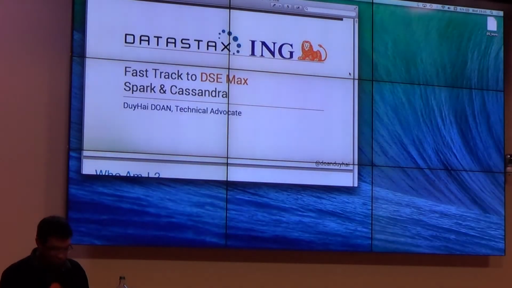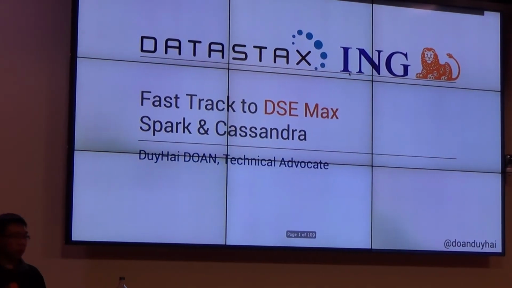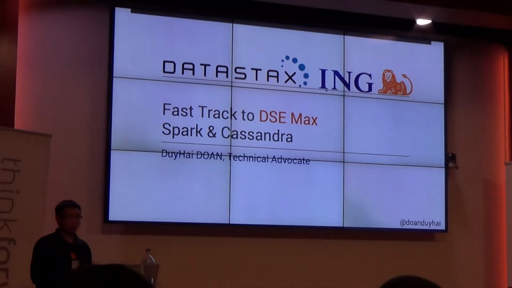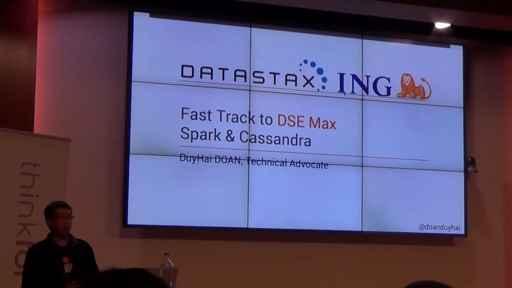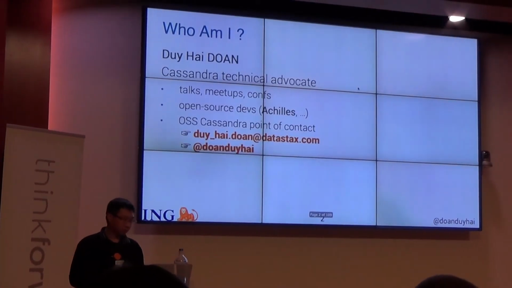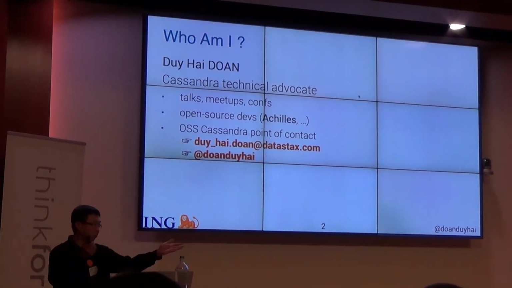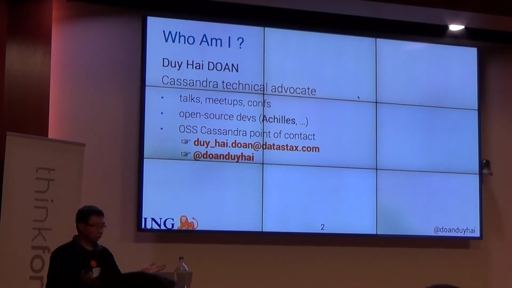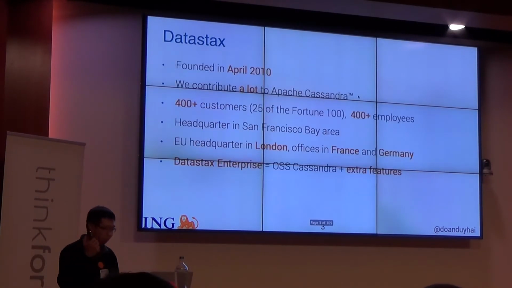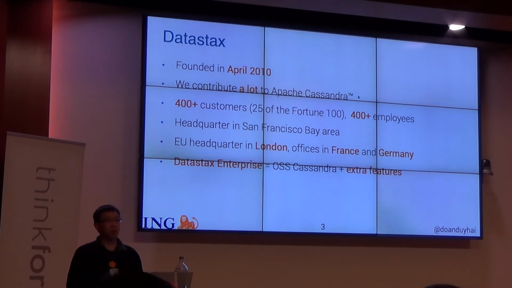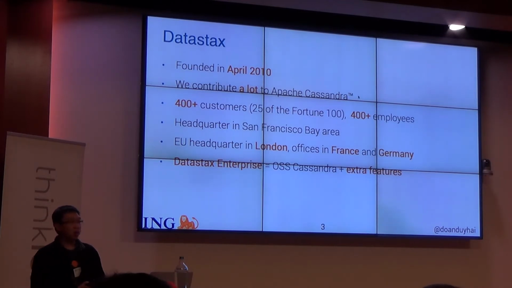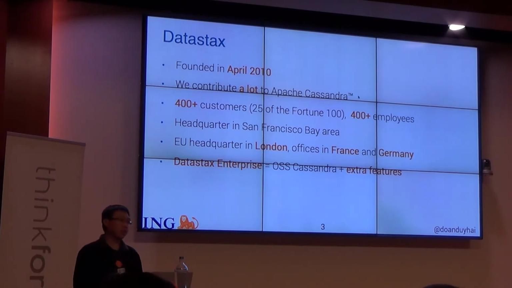So let's start. Tonight we are going to talk about DSE Max, how to use Spark with Cassandra. The introduction has been done, so just skip. Datastax, who are we? We are the biggest contributor to Apache Cassandra, the open source project.